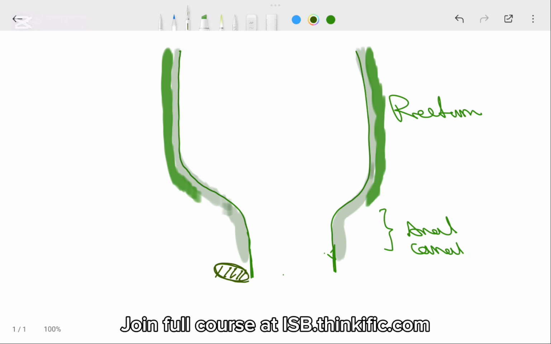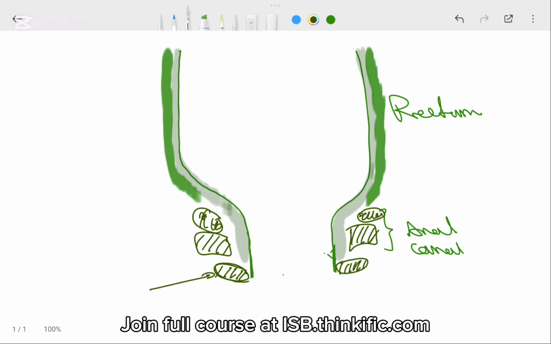There's a portion immediately under the skin, a portion just above that, and a portion which is very deep, embedded deeply inside. All of that is called the external anal sphincter complex.